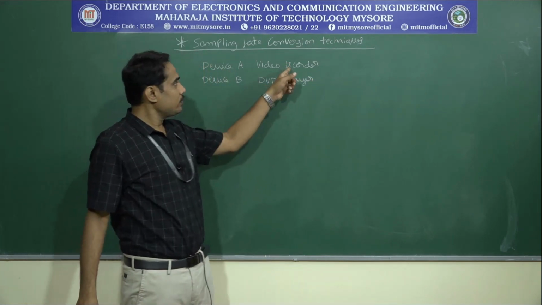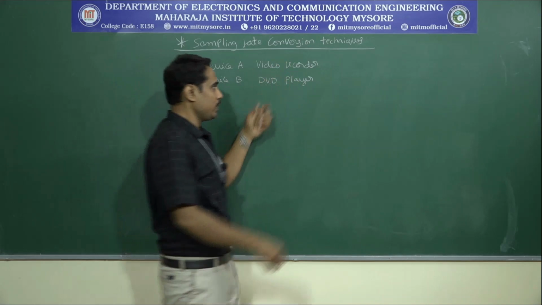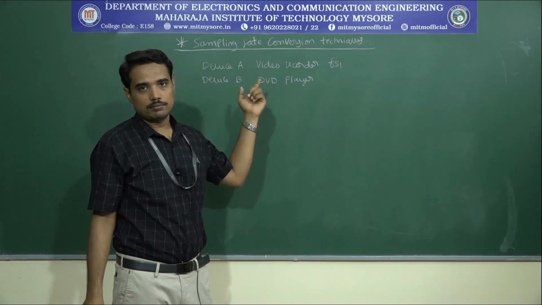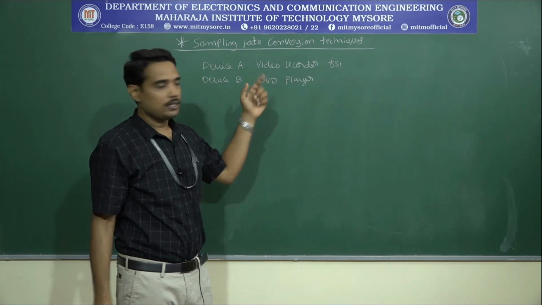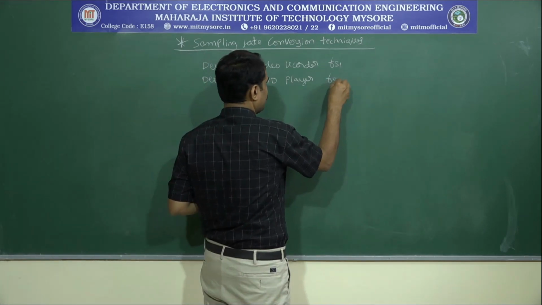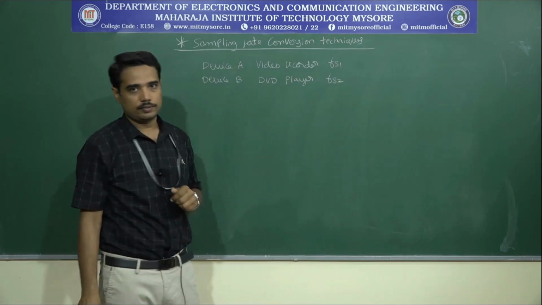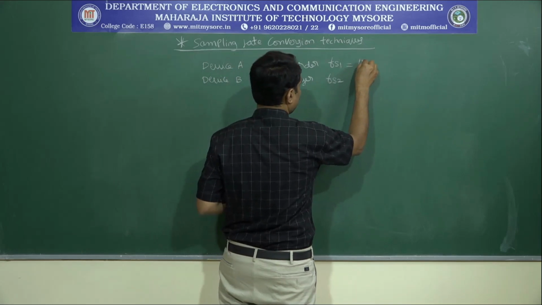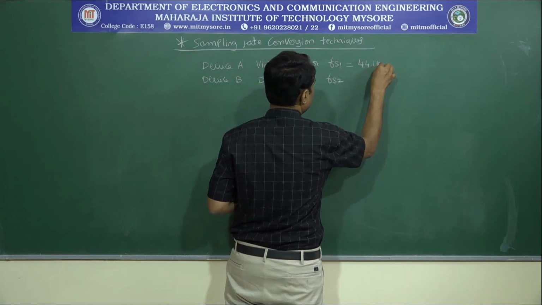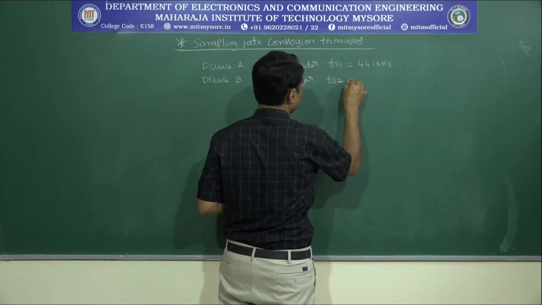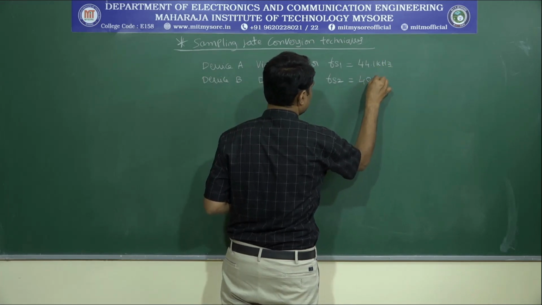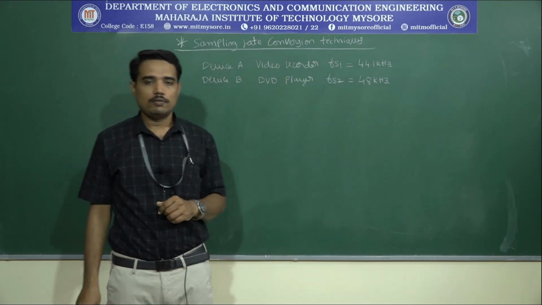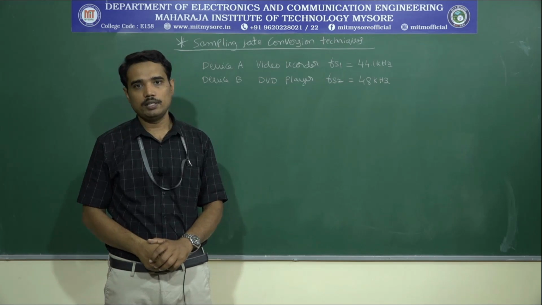The sampling rate of device A, that is FS1, will be different from the sampling rate followed by the DVD player. For example, let us consider FS1 equal to 44.1 kilohertz and FS2 as 48 kilohertz. Now we have two different sampling rates.